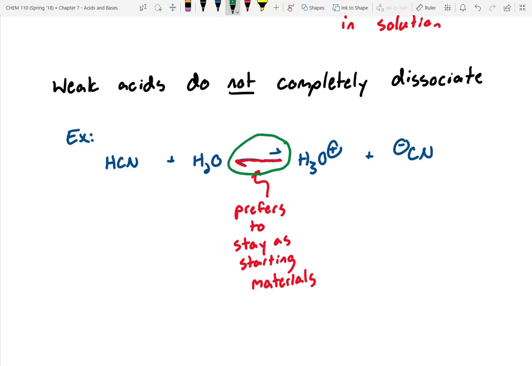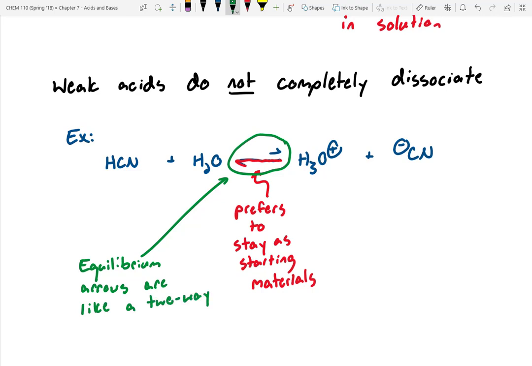These arrows have a unique name. These are called equilibrium arrows. And they are like a two-way road, meaning you can go forwards or backwards in this reaction.